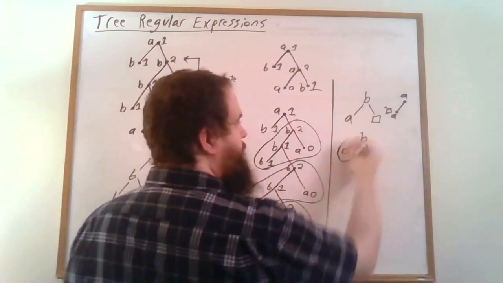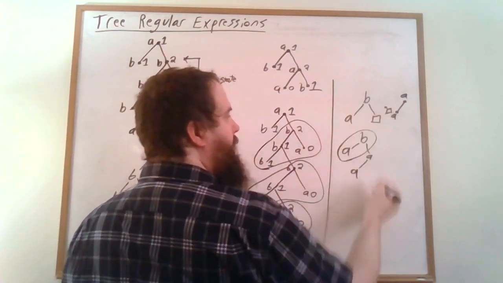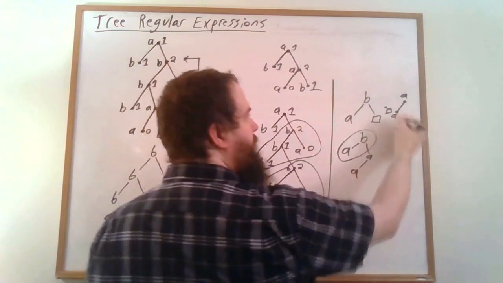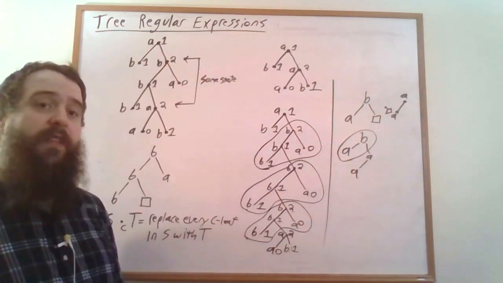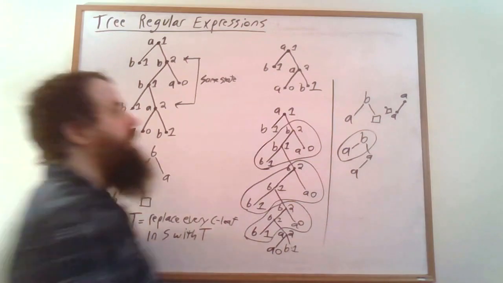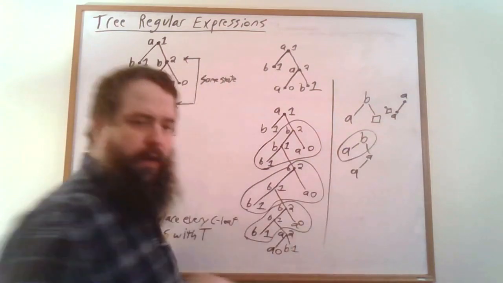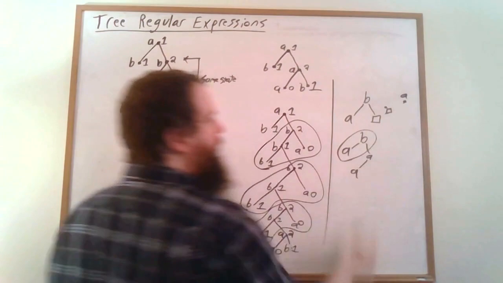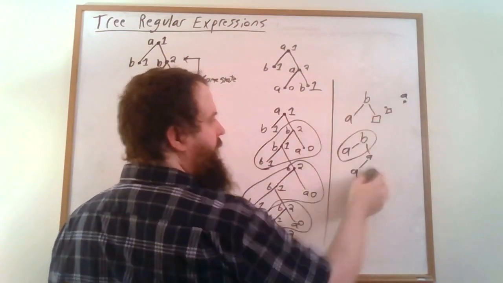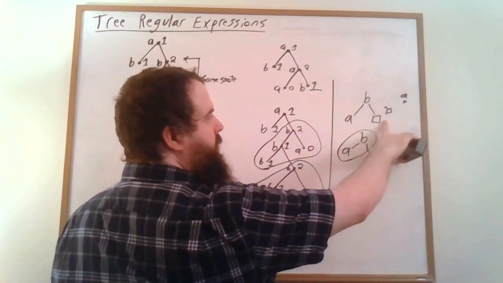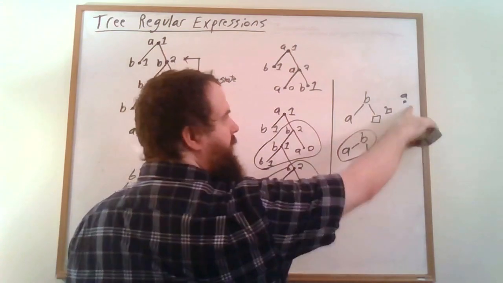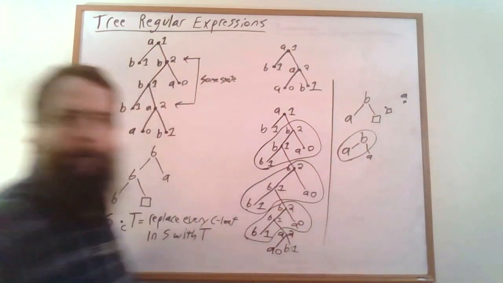We have this bit from this bit up here, and this bit from this bit over here. This is a little bit of a weird operation. If this tree only had one node in it, then the resulting concatenation would just be replacing this node here by this node here.